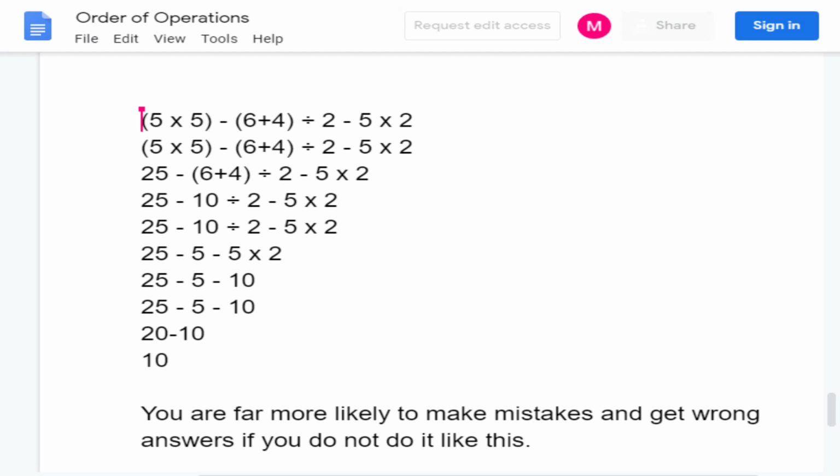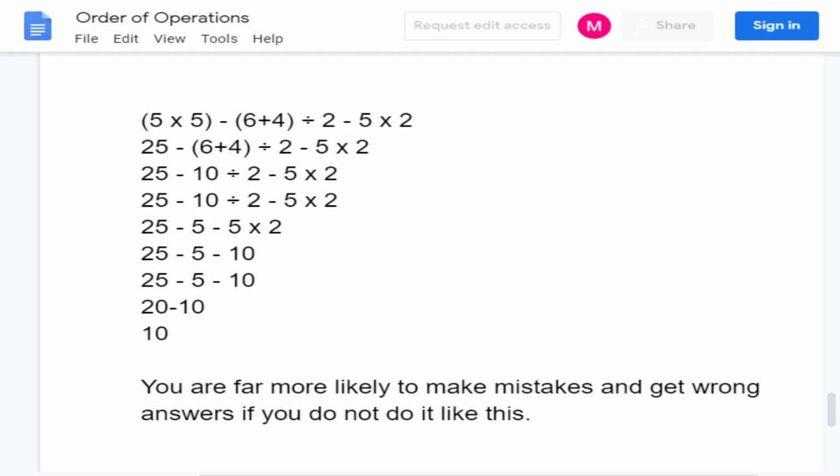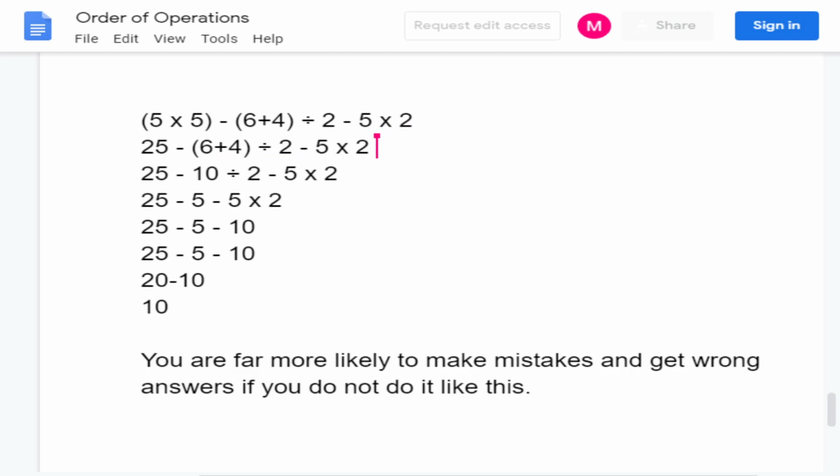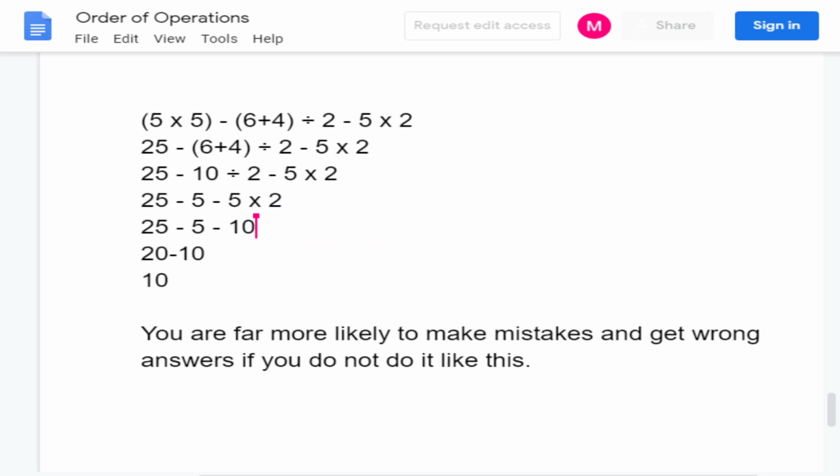The rest of the expression stays the same. Then we would do 10 divided by 2, which would then equal 5. So it looks like there are a couple of duplicates here that we can get rid of. But this is how it should look on your piece of paper.